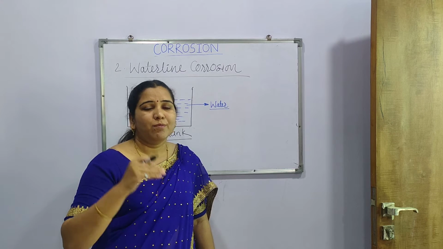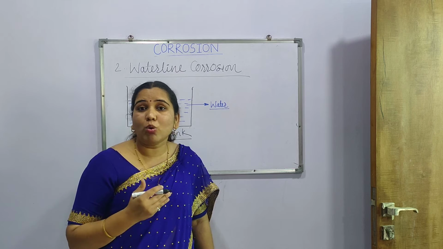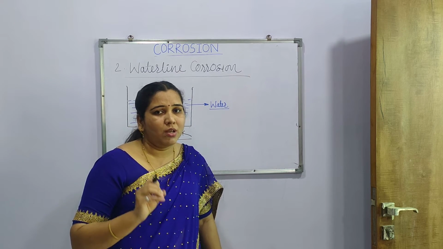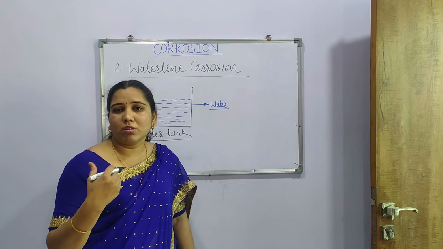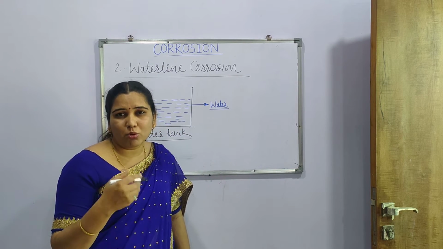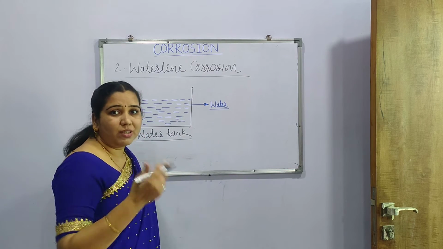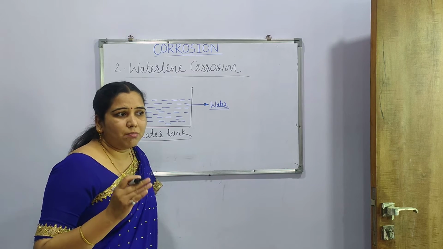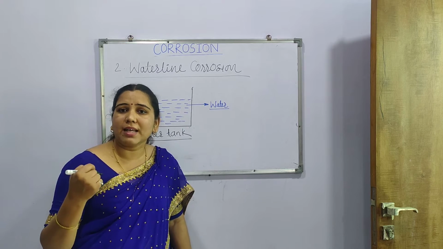The portion which is getting the minimum amount of oxygen gets corroded, because a difference in electrode potential is created. So the material getting less oxygen will act as an anode.